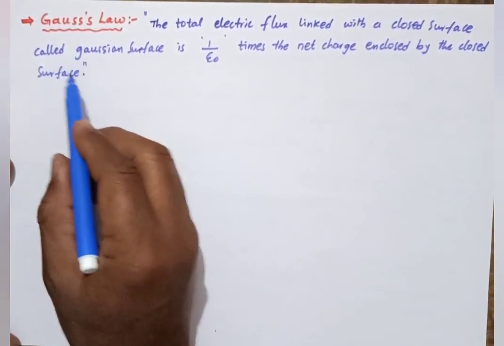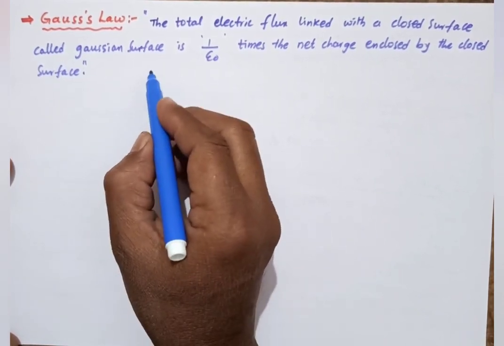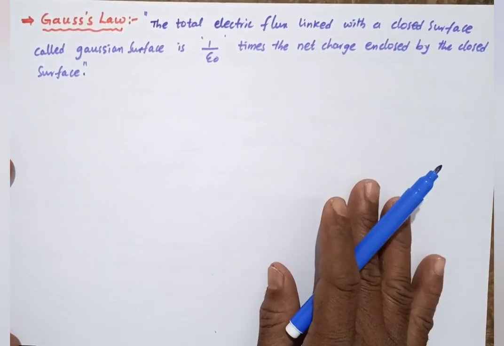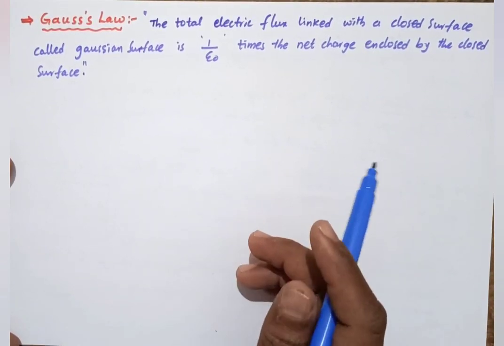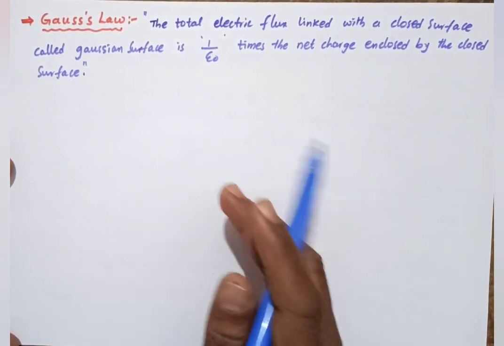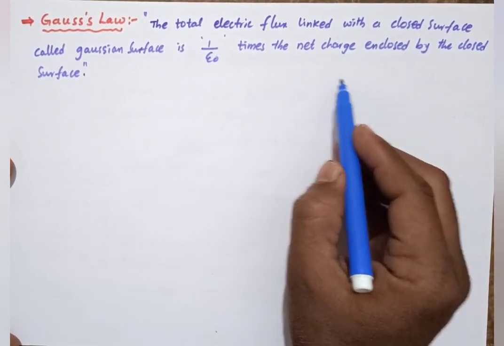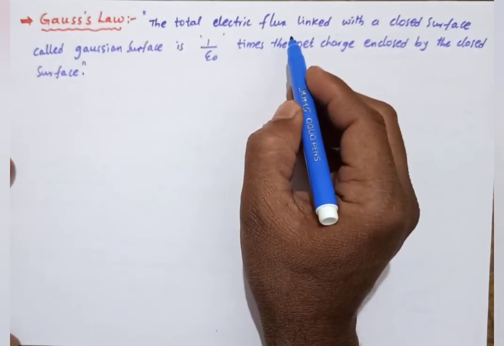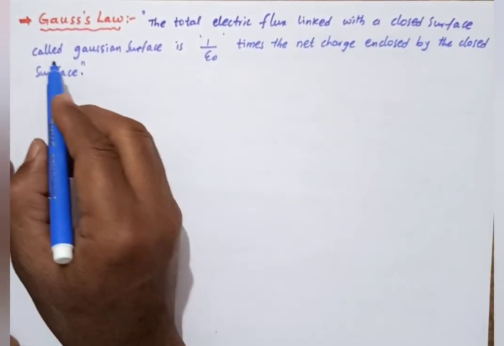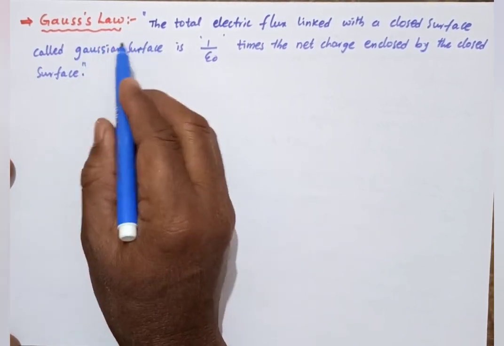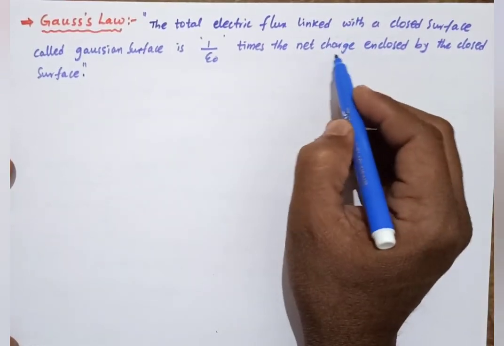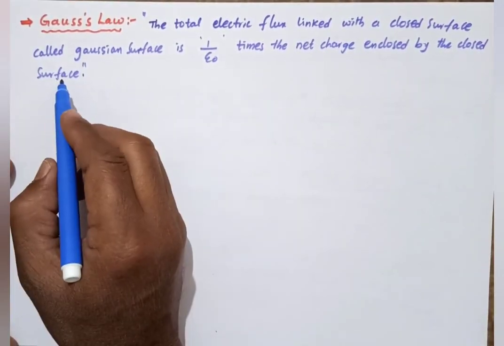It must be a closed surface, such as a sphere, a cylinder, or a parallelepiped, a rectangular shape.